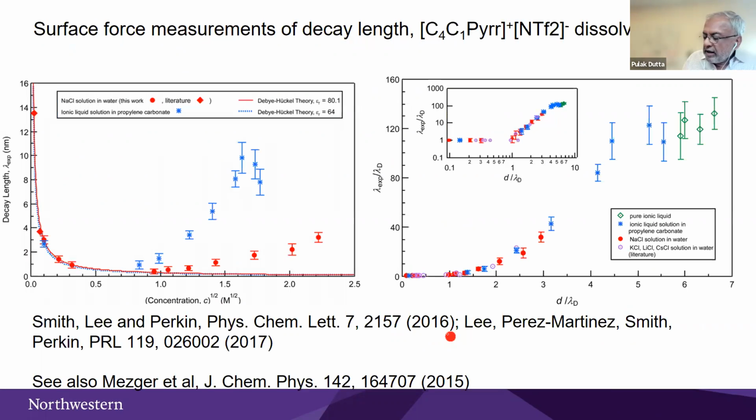Okay, so there's a landmark work, several papers by Susan Perkins' group, where they measured forces in a surface force apparatus. This thing, the two plates go various distances, and did it as a function of concentration. Okay, so with a solvent. And here's the material. The solvent is one of the ones we studied, propylene carbonate. This is the polar solvent.